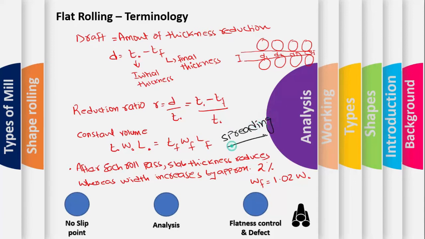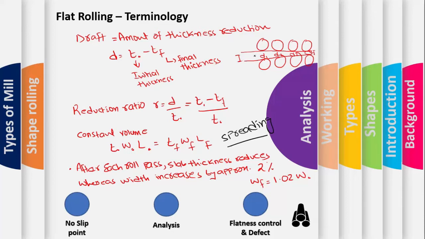Right? Material is spreading along the way. So there is spreading during the rolling operation. There is a reduction in thickness, but at the same time the width of the material increases. So there is an empirical observation of how much it increases in a single pass. So after each roll pass, when we are performing the rolling operation, we pass the material one time, then we pass it another time, and so on and so forth.